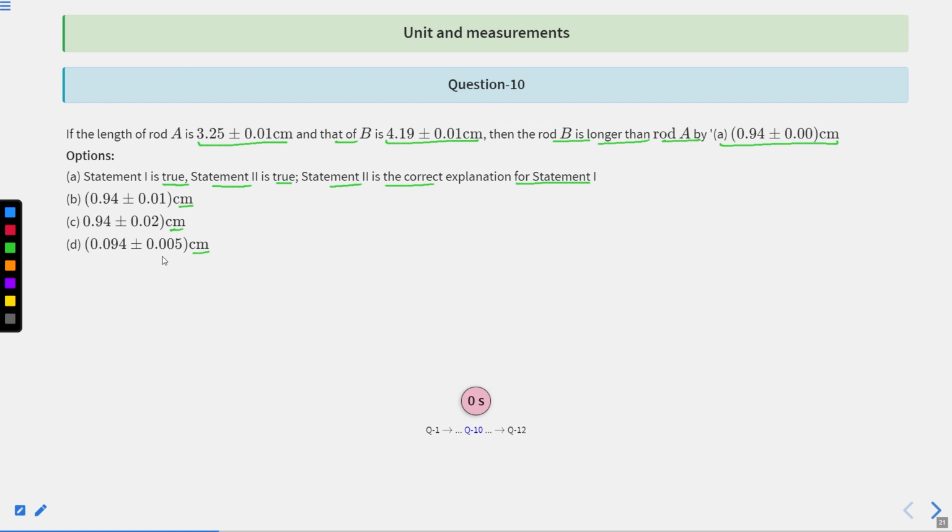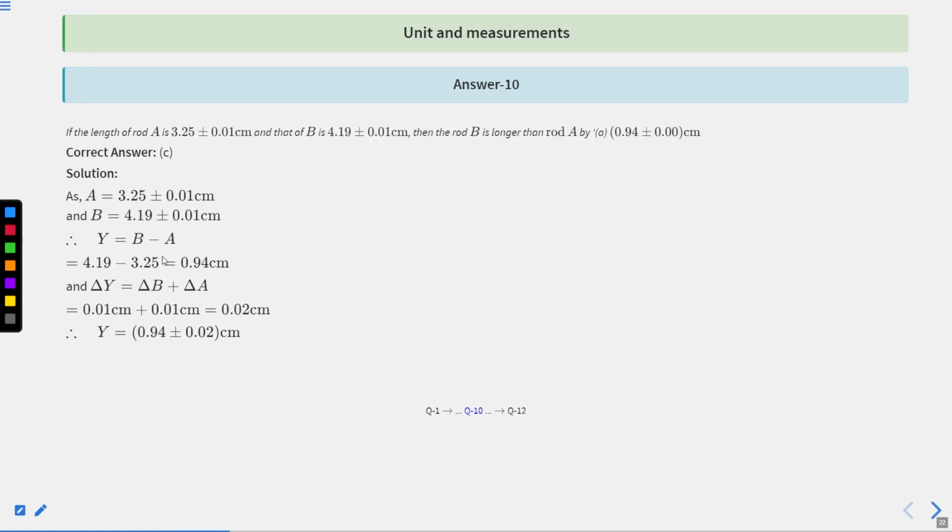Let's calculate the answer. A is this, 0.25 plus minus 0.01 centimeter, and B is this, 4.19 plus minus 0.01 centimeter. Clear?